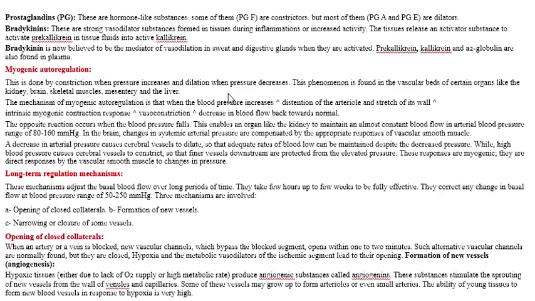Okay, long-term regulation. You remember when we talked about short-term, this is long-term regulation. This mechanism can adjust the basal blood flow over a long period of time, the maintenance of the blood pressure, which usually ranges from 50 to 250 millimeters of mercury.